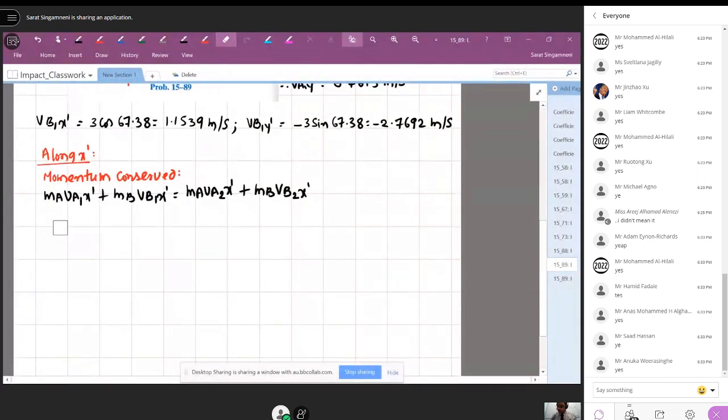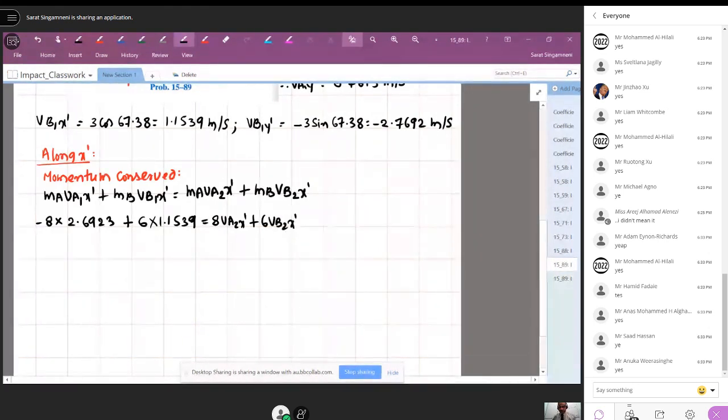By the way, mass of A is 8. 8 times negative 2.6923, plus mass of B is 6 and VB1 x dash is 1.1539. This is equal to mass of A 8, VA2 x dash plus 6 VB2 x dash.